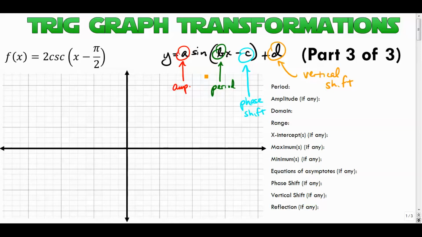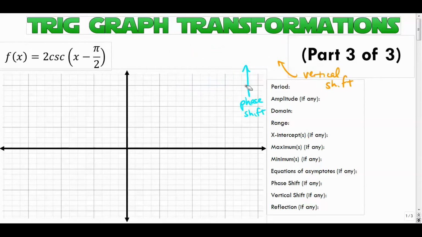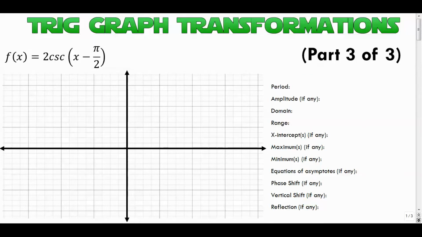But in this case, we don't have sine, we have cosecant, which is the same thing. They're acting a lot of the same ways. So let's take a look at this one. We'll start with 2 cosecant of x minus pi over 2. So first and foremost, the amplitude kind of gets bumped up by 2.